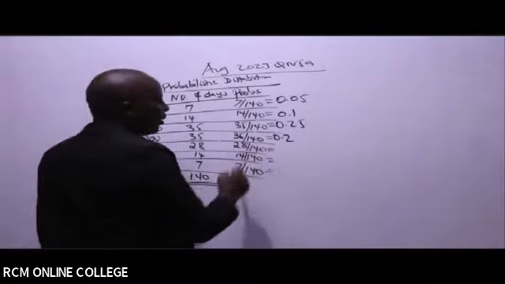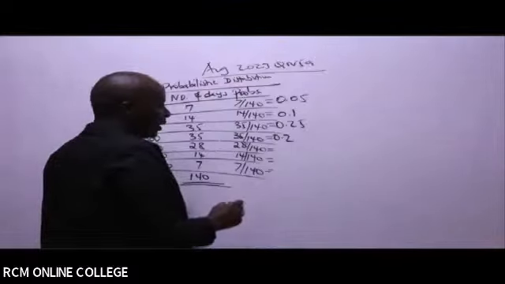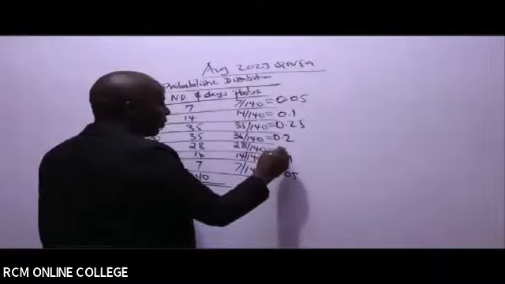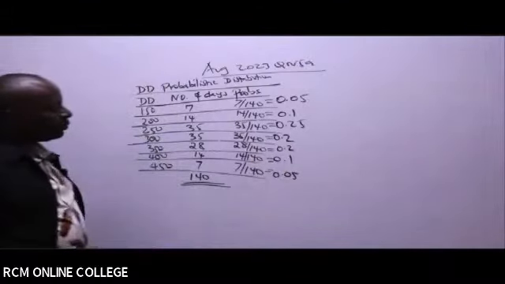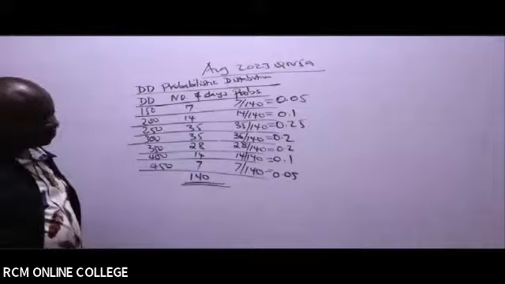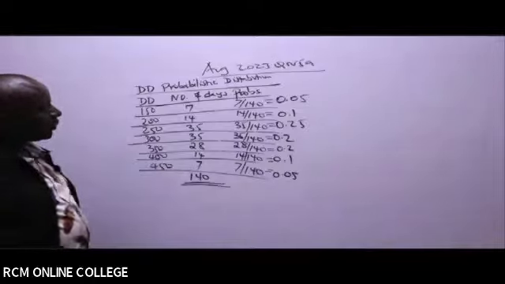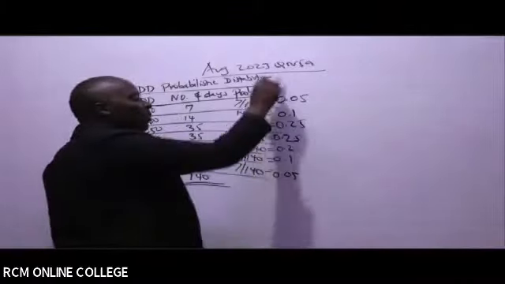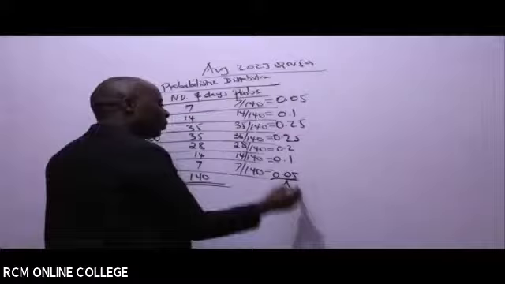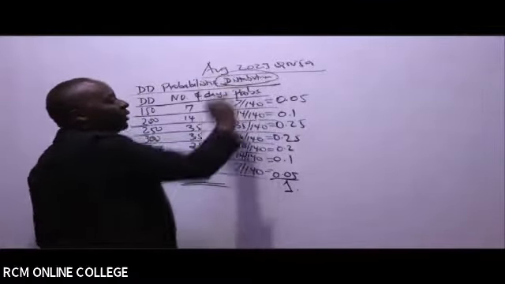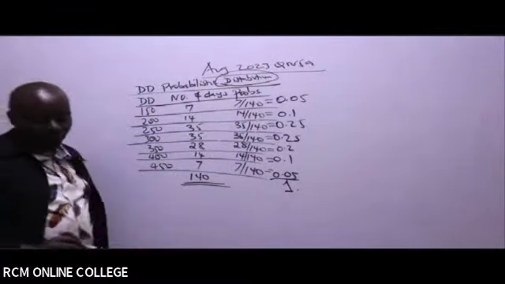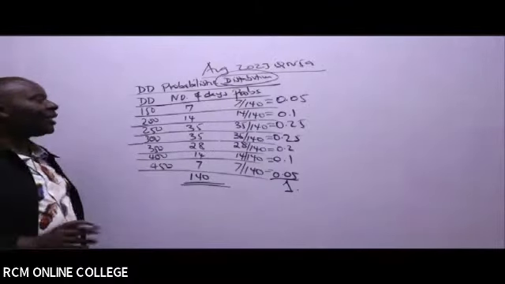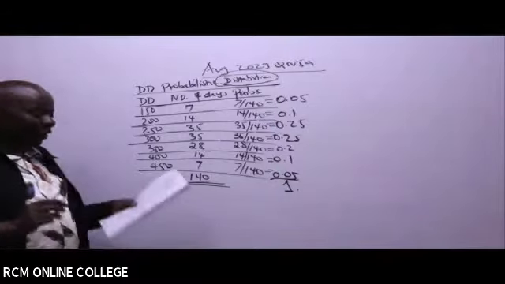This is 0.1, and this is 0.05. So 35 over 140 will be 0.25. And all these probabilities adding up to 1 is really important because it's a whole distribution. Are they adding up to 1? Yes. So once you have done this, then you are really doing a very good job.